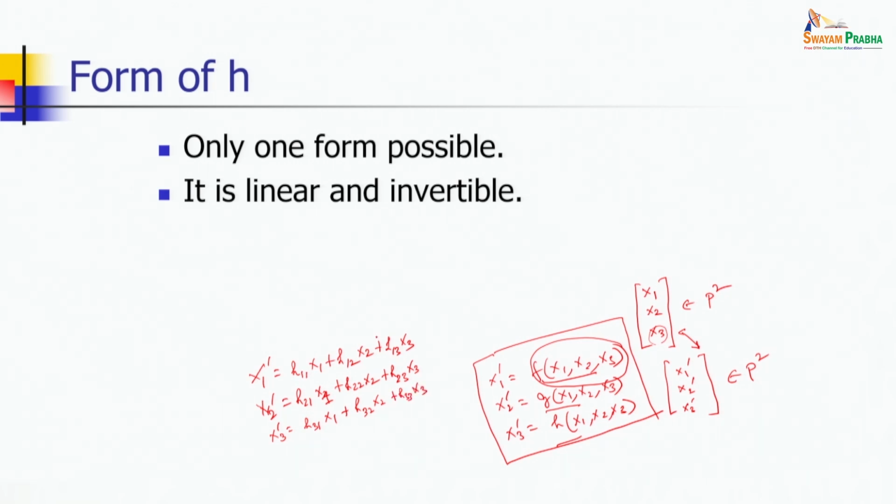So these are the linear expressions. This can be conveniently represented once again, since we are using this kind of column vector form for representing points.